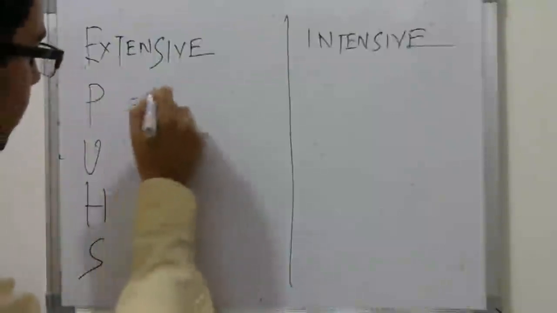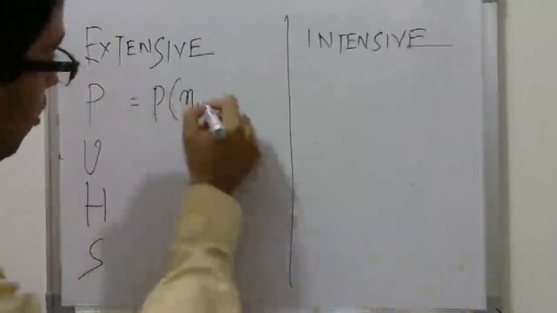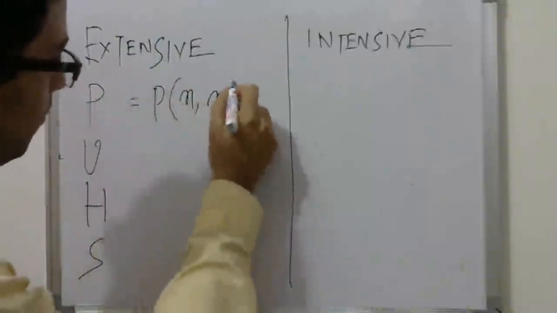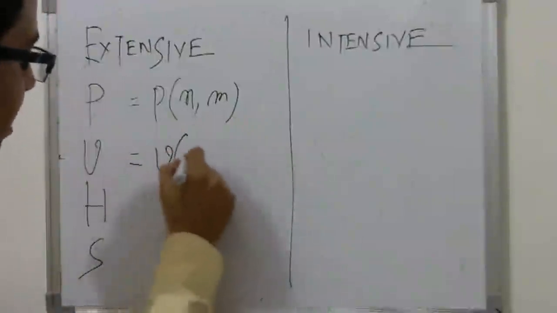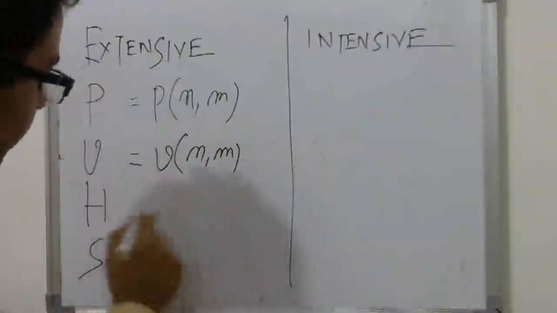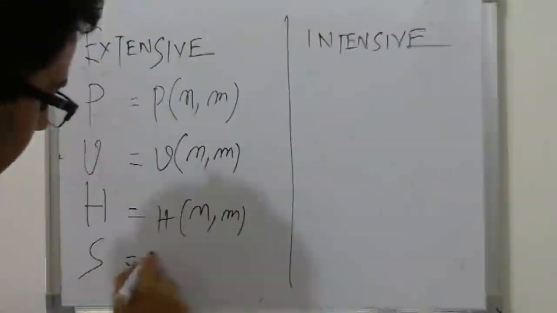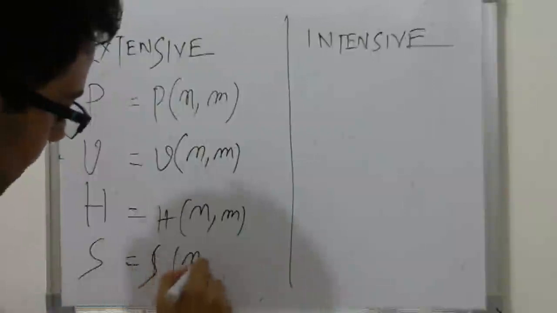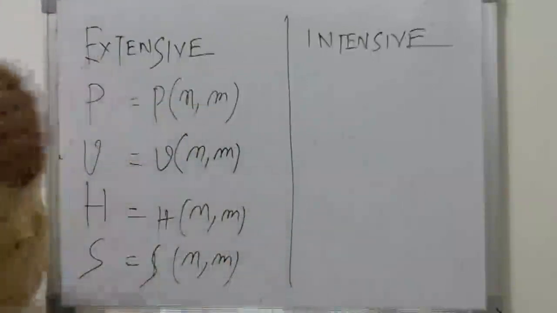Anything, if it is a function of n, that is number of moles or mass of the system, then these are extensive properties. N stands for number of moles, M for mass.